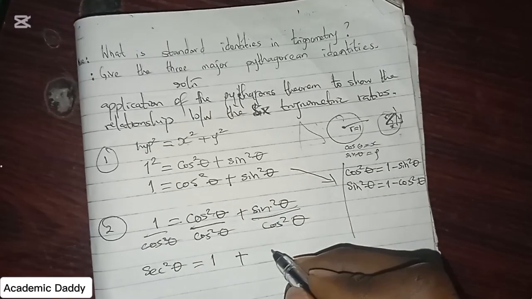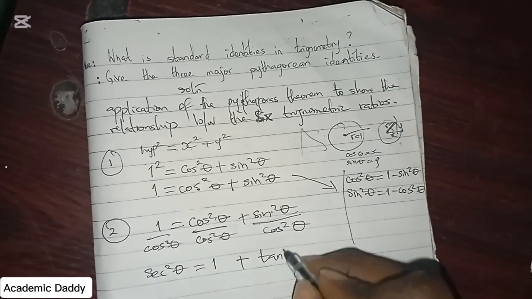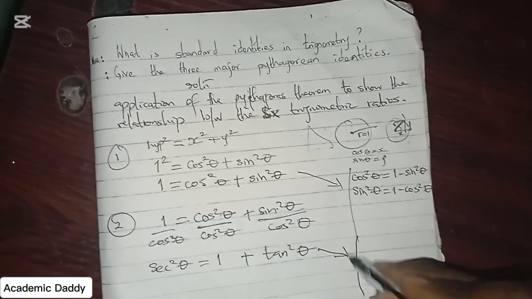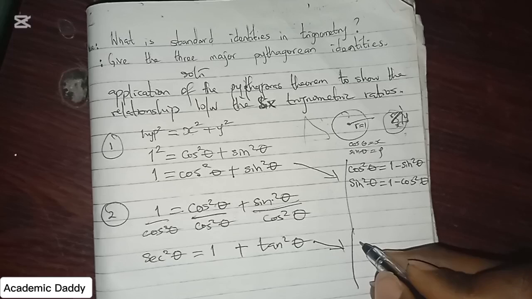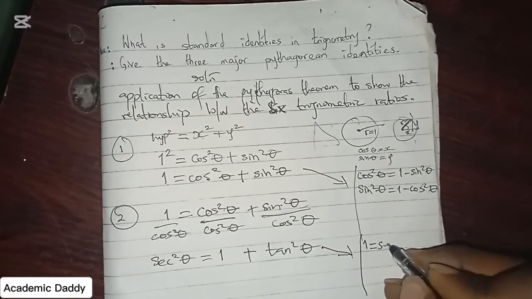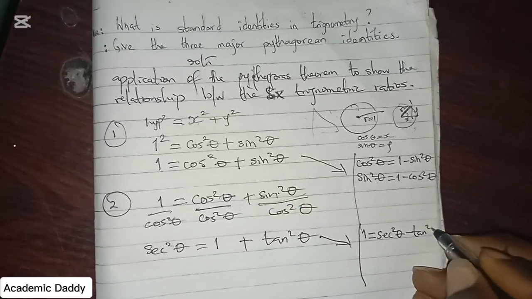Sine divided by cos is tan, so sine square over cos square is tan square theta. This is the second trigonometric identity: sec square theta equals 1 plus tan square theta. Making 1 the subject, 1 equals sec square theta minus tan square theta.